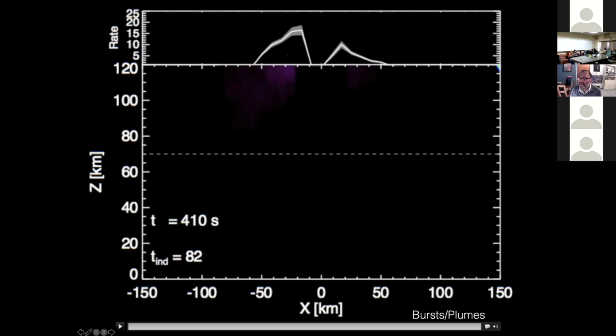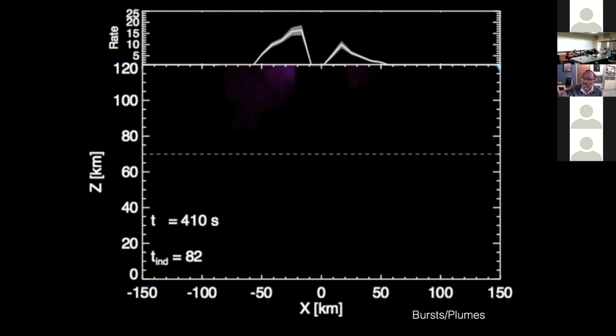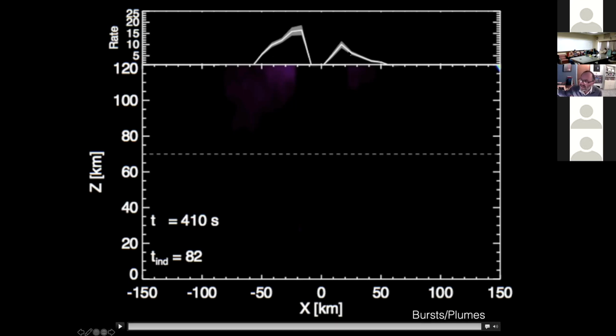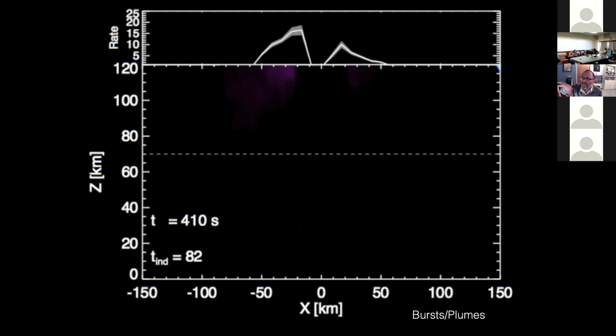Also, these particles are flying into the detector, so our threshold is somewhat lower. We are recording smaller particles, as opposed to on the exit side, where those particles are moving away in the same direction as the spacecraft, so the impact speeds are somewhat lower.